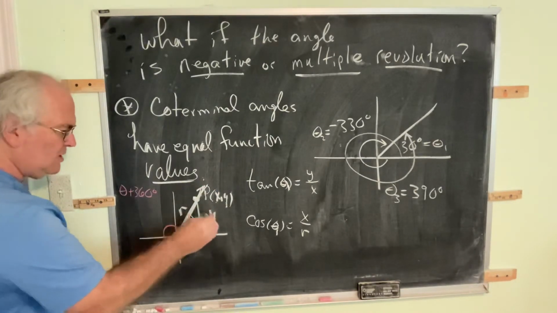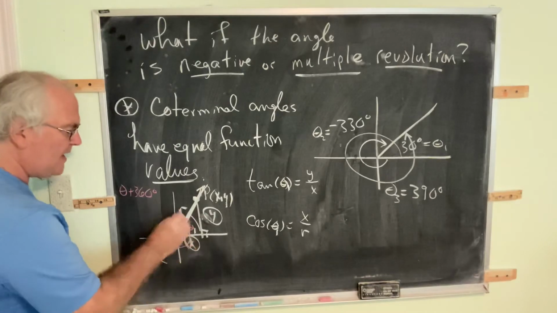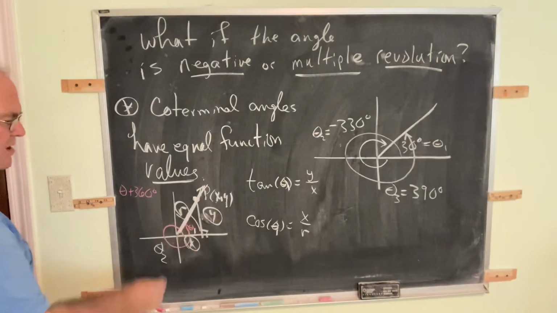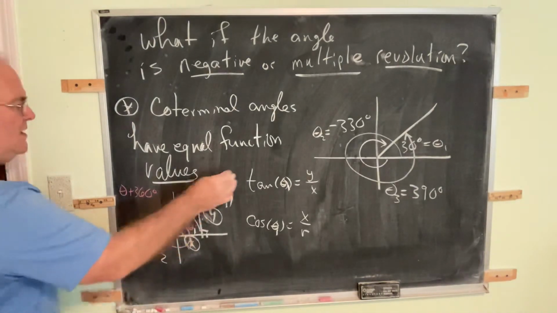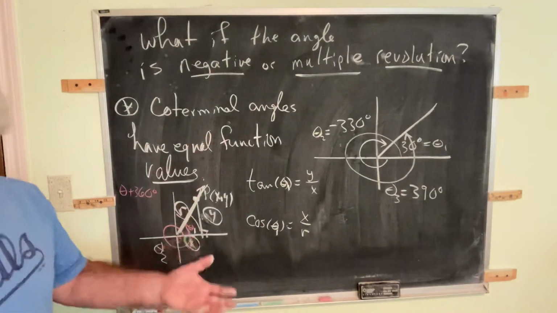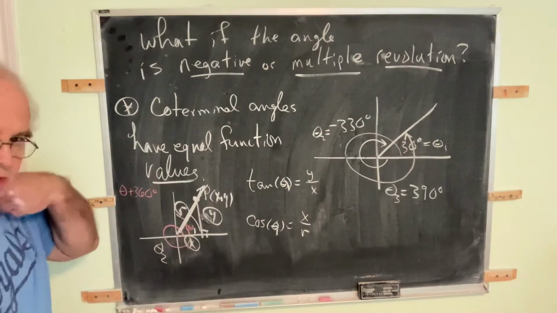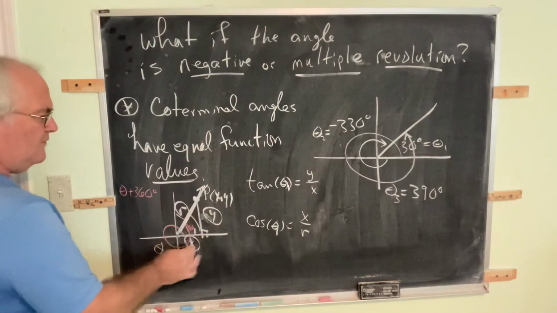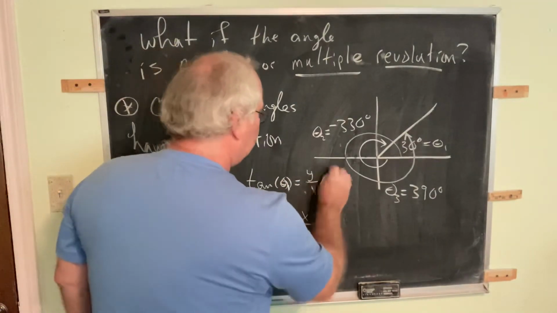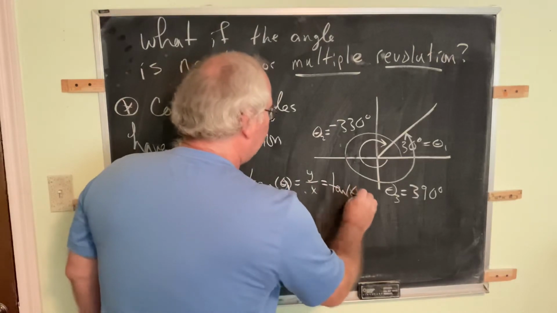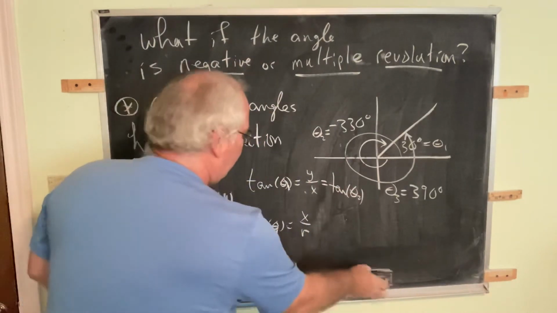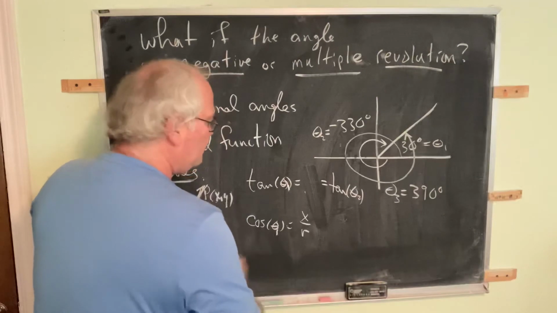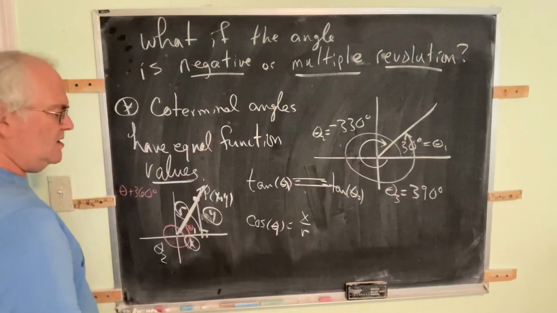And so this exact same y, x, and r can be used to find the function values for tangent or cosine or any of the other function values for theta 2. So tangent of theta 2 is also y over x. Eliminate the middleman: tangent theta 1 is equal to tangent theta 2.